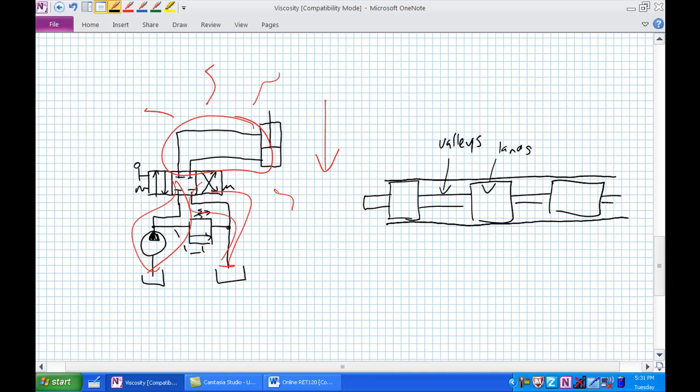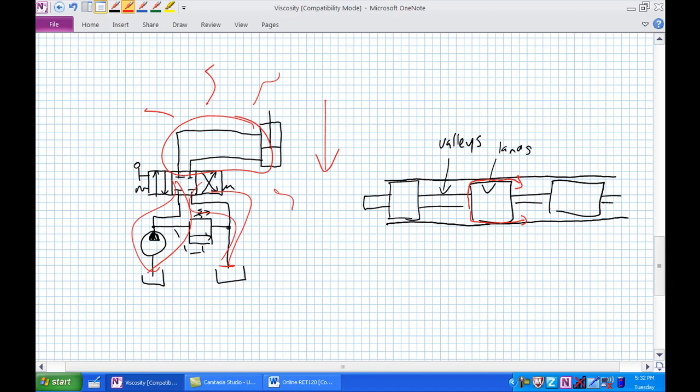And your system has been designed to operate at a certain temperature range, and you've taken it well outside the temperature range in extreme. And previously, that fluid in between the valleys and lands, basically the lands separate the two fluid sections, but now your fluid is easier to flow. It can actually leak through these passageways, okay?